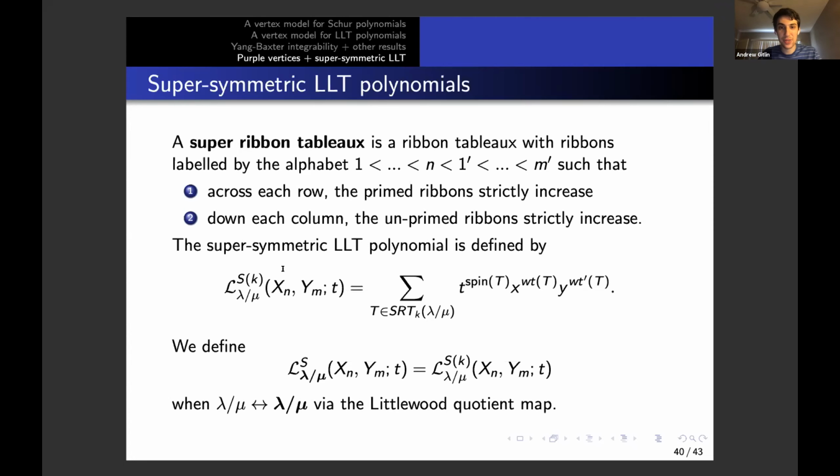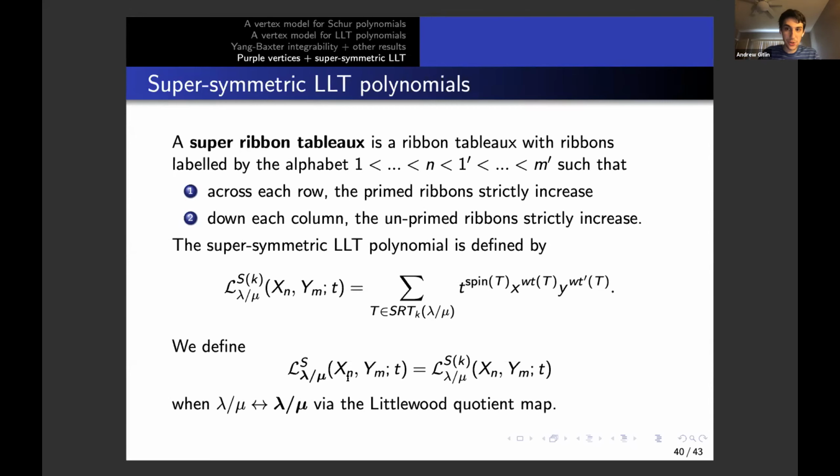The supersymmetric LLT polynomial is then defined by summing over all super ribbon tableau. The x power is given by the unprimed weight. The y power is given by the primed weight. And again, the power of t is just the spin of the tableau. So that's the definition of supersymmetric LLT polynomials.